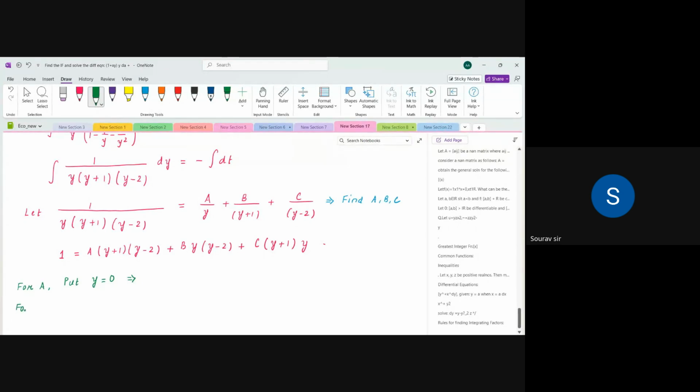If I have to find b, I need to put y equal to minus 1 in this expression, right? And for c, I need to put y equal to 2. Correct? So can anyone quickly calculate and tell me what these three are giving you? What is a, b, and c?